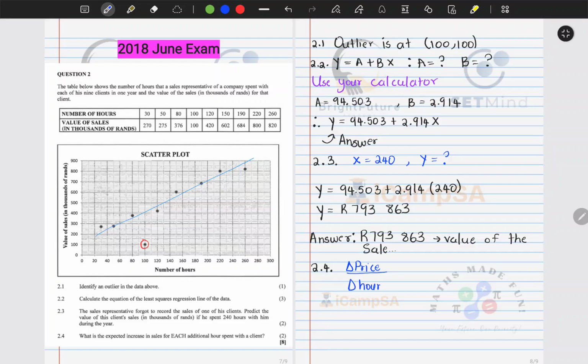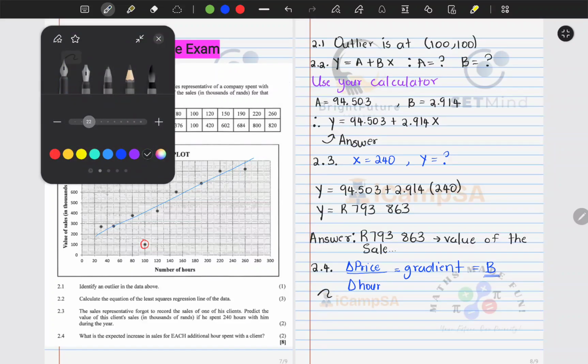So we're looking at the price per hour. Okay, so now if you think about this carefully, what this speaks to here is gradient, and our gradient for our problem is B.